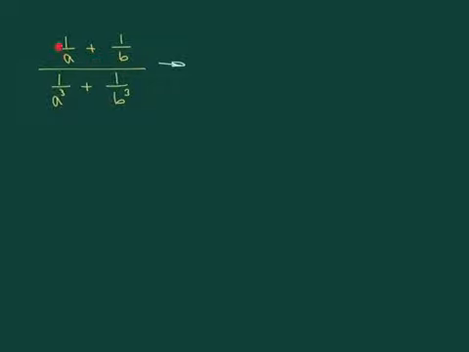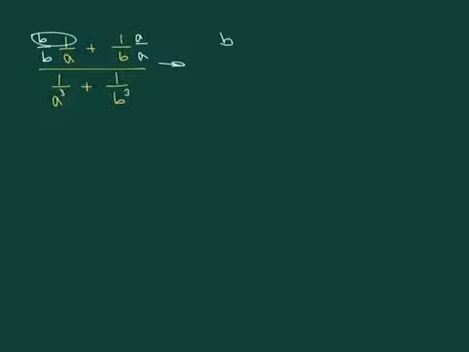So I look and say, all right, I've got an A there. What am I missing? Well, this one has a B. So I'm going to multiply top and bottom here by a B. And what am I missing here? I'm missing an A. So top and bottom by an A. So what do I have?